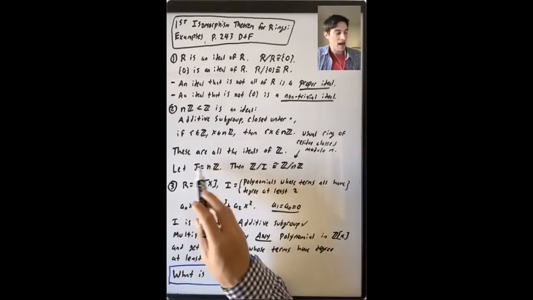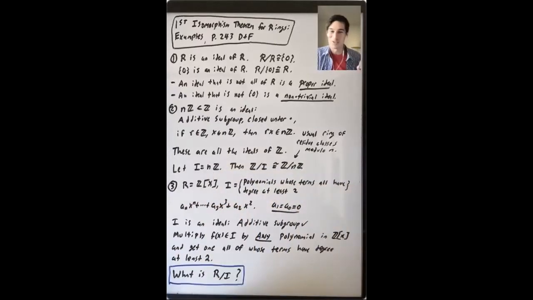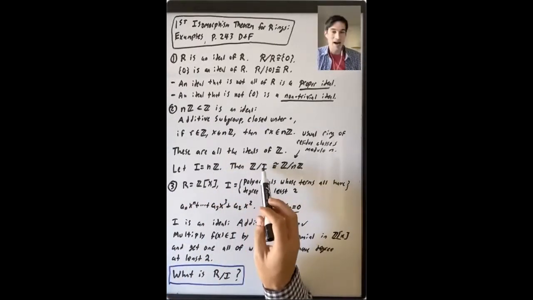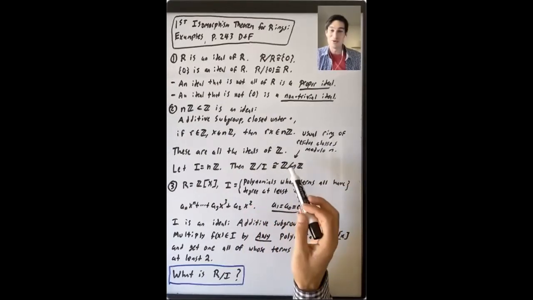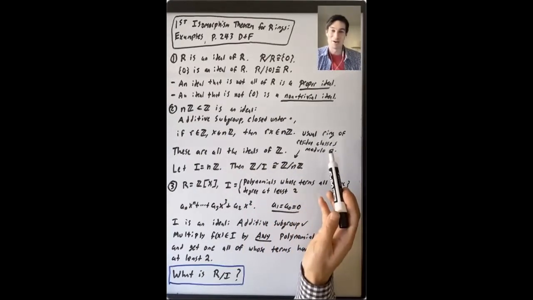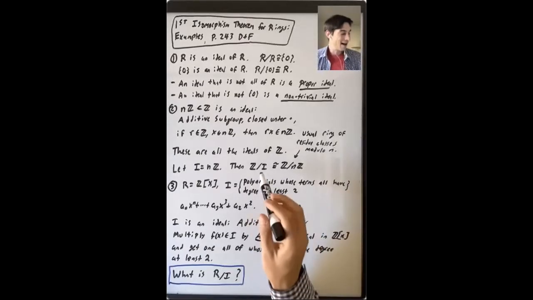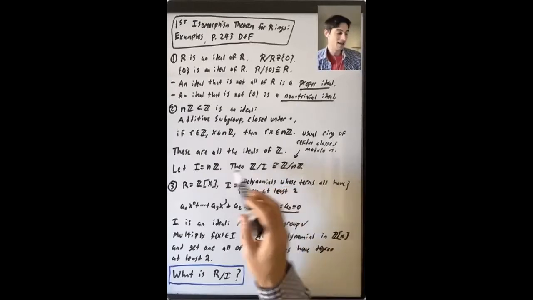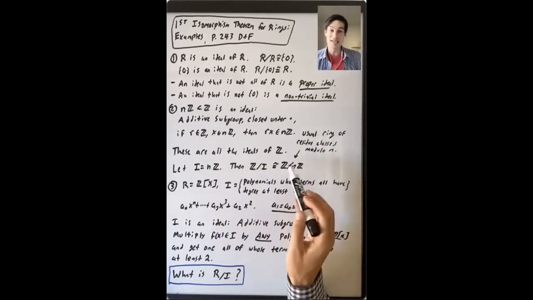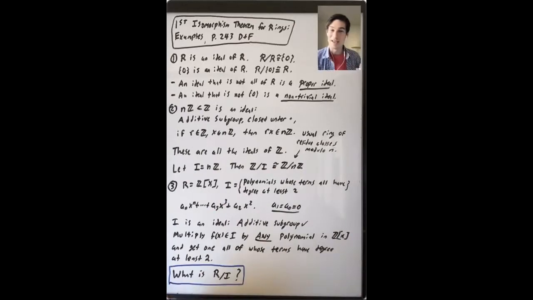All right, so let's say that I is nZ, just for notational convenience. So what is Z mod I? Z mod I is Z mod nZ, this usual ring of residue classes modulo n. So we have this ring Z, this ideal nZ, and the quotient is the Z mod nZ that we have come to know and love.